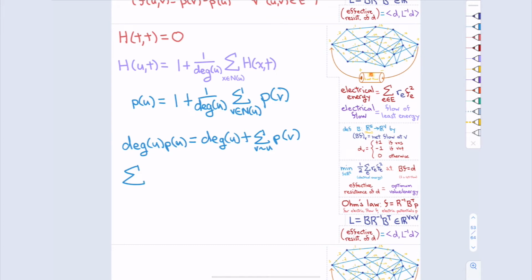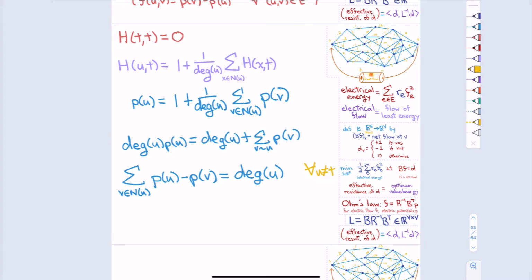So we get the sum over all V that's a neighbor of U, PU minus PV is equal to degree of U. Okay. I should add that this is only when U is not equal to T. Otherwise it would be.